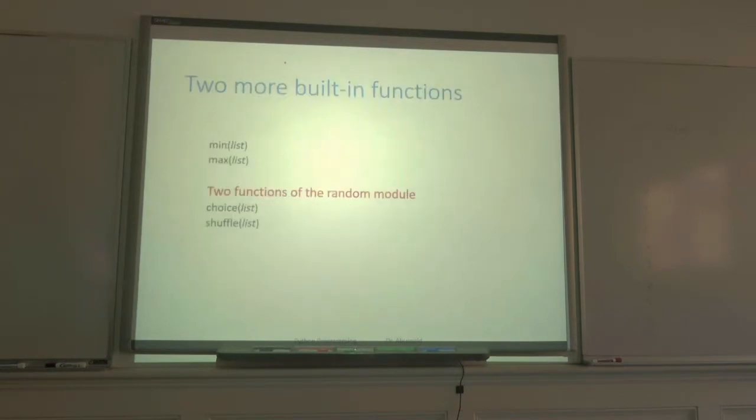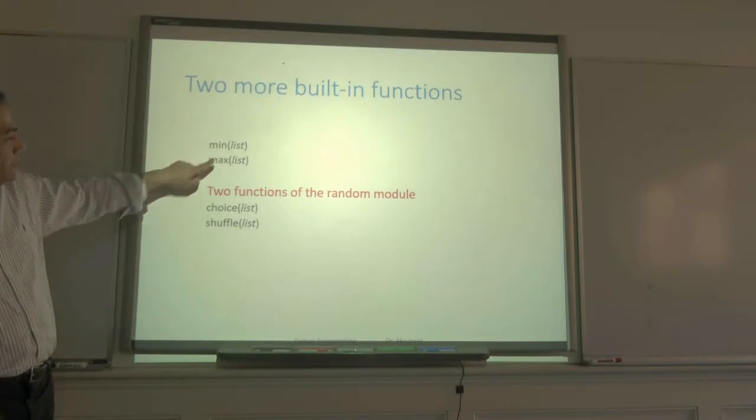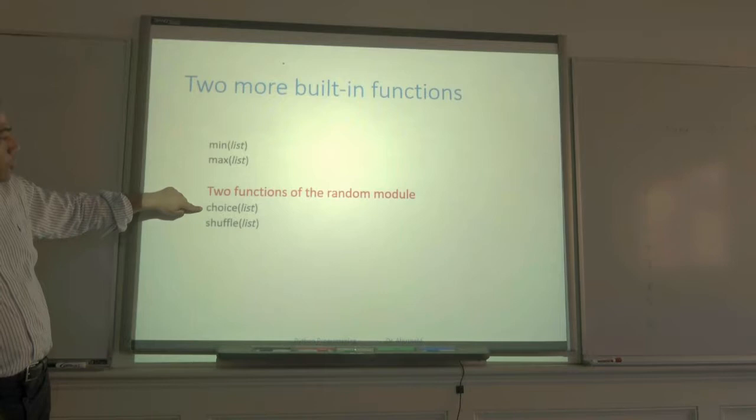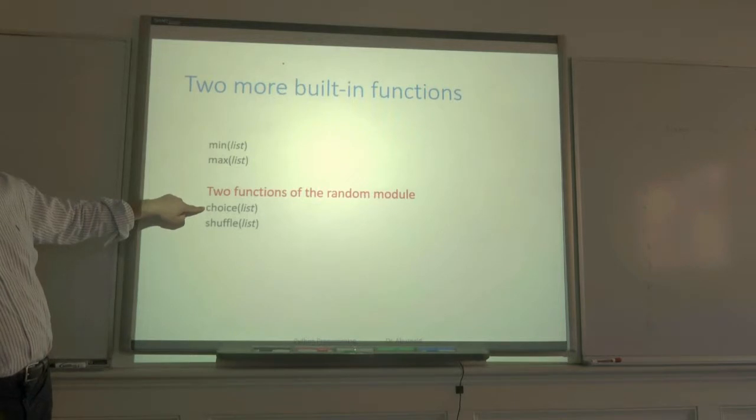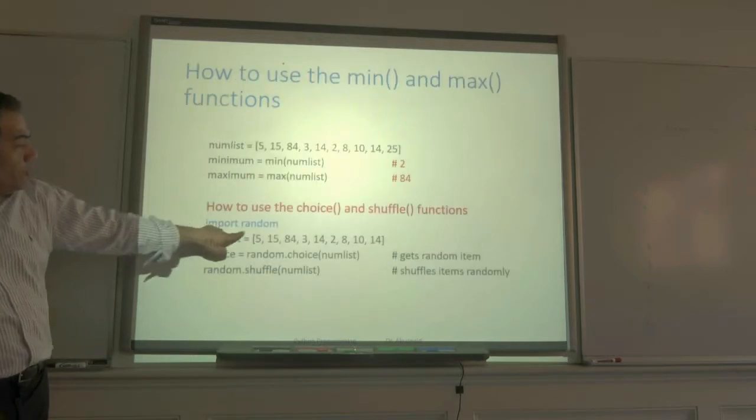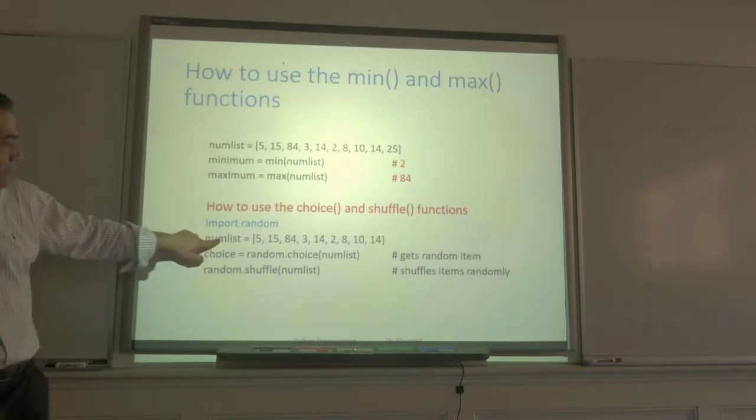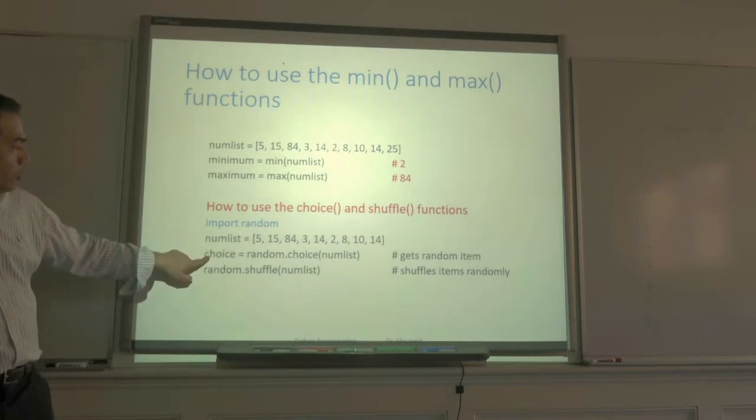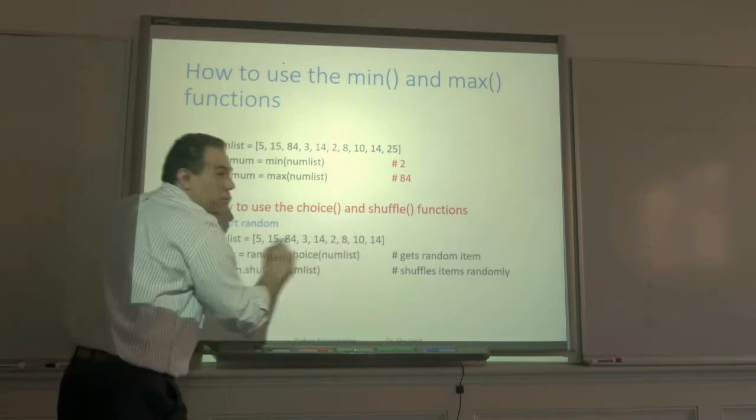All right? There are 2 more built-in functions, minimum for the list and maximum for the list. And there's also choice and shuffle. What does choice do? Choose one randomly. So you have to import random. If you say multi-cat, this is the multi-list. When I say choice, it will choose one of them randomly.